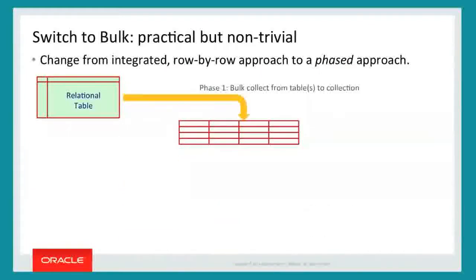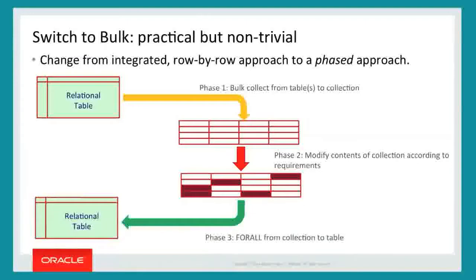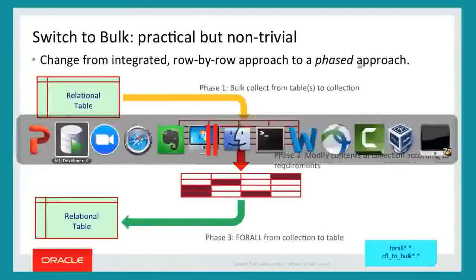And I'll show you some examples in just a moment. You're going to populate collections, arrays. Then you're going to act on those arrays in PLSQL. You might need to delete some rows, change values in rows. And then you're going to push data back to the same or different tables using for all. Again, the time in this talk to cover this is quite limited, but let's just give you a brief look.